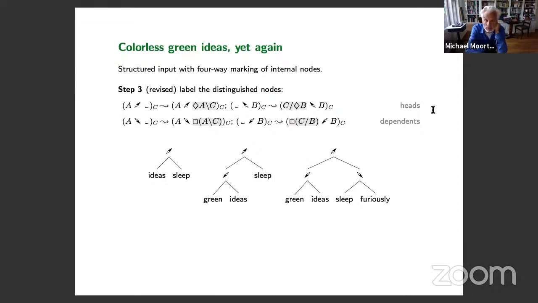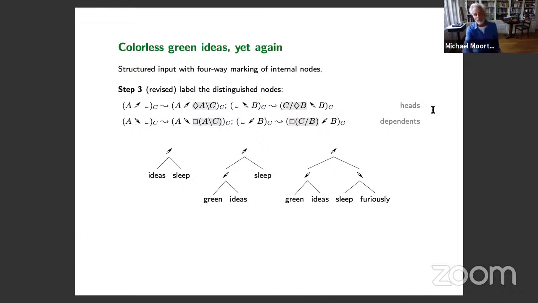If we want to do a type inference now from structured input, the structured input that we need is going to have a four-way marking for the internal nodes. I'm using these compass needles here. The black tip is where they point. So the northeast and the northwest compass is going to be used to infer the head functors, and for the southeast and the southwest compasses, you are going to infer the dependent functors.